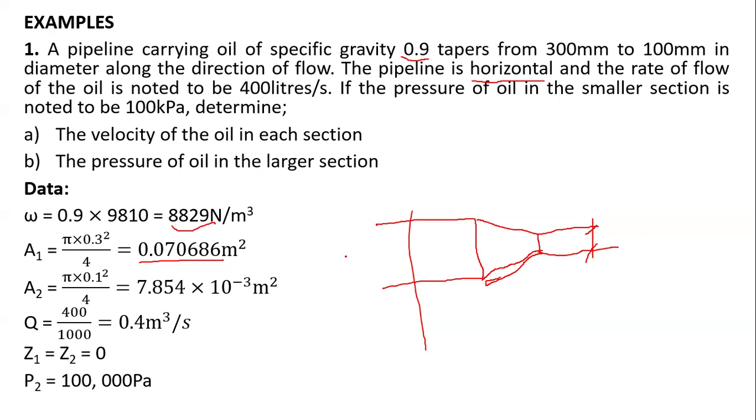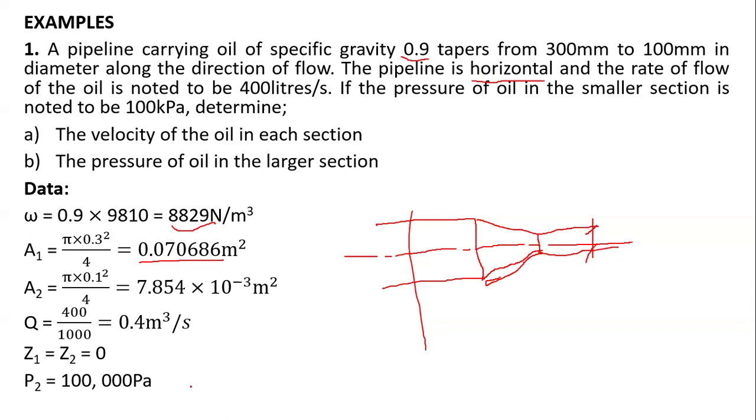If you look at the center of this pipeline, it's the same. There's no difference in height between section 1 and section 2, meaning potential energy cancels out because height number 1 is equal to height number 2. Z1 is equal to Z2. It's 0. So that's the simplest way of analyzing it to make your analysis faster and easier.